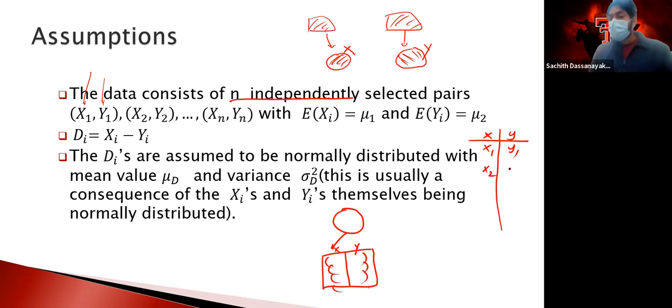Second sample, x2 y2, and likewise xn yn. You can consider them two individual observations. Since we are considering the same person or thing, we just paired them. But in general, those x's and y's are not independent.